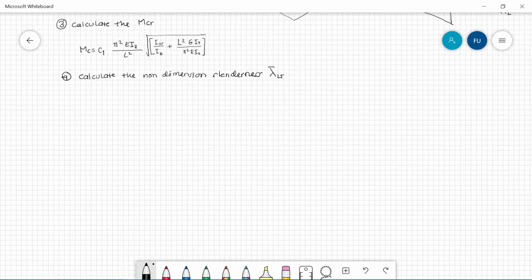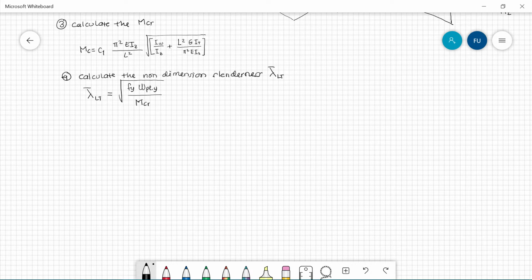And the lambda LT bar is equal to square root of Fy times plastic modulus about y axis over the MCR that we calculated in the previous step.